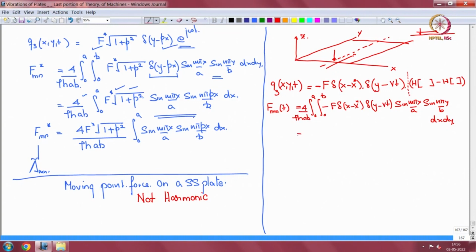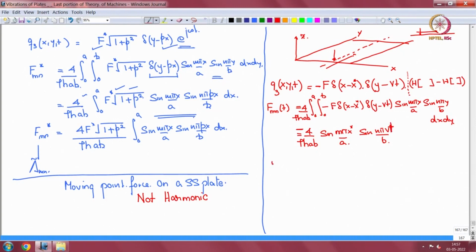So this now looks like 4 by rho h a b with a minus here, then sine m pi x star by a into sine n pi vt by b. So now fmn is a time dependent term, not harmonic.